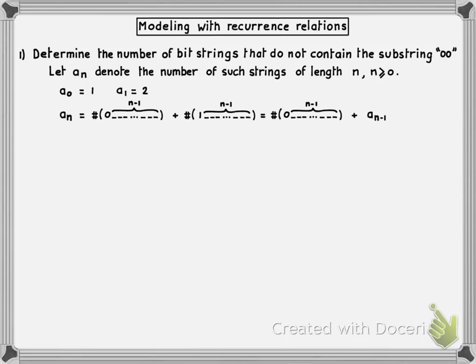Here is why. Consider, for example, the string of length n minus 1 that has a 0 and then all ones all the way to the end. That string is definitely counted in a sub n minus 1, right? Because it does not contain a 00. However, it should not be counted in this number. Why?